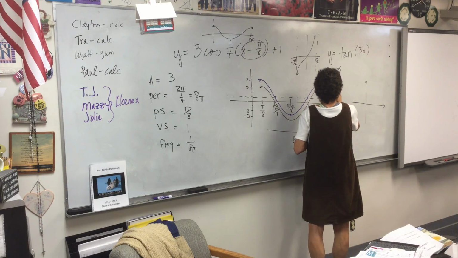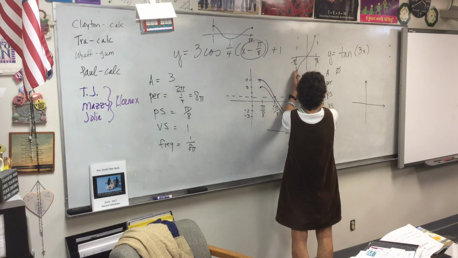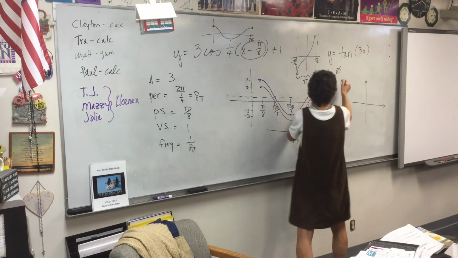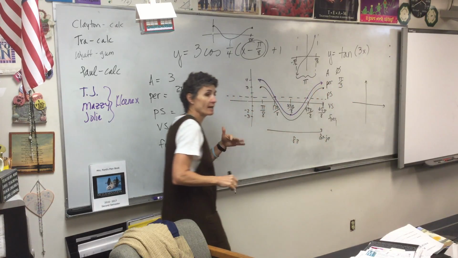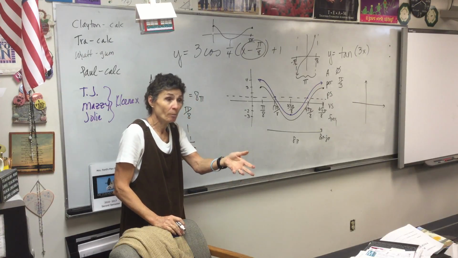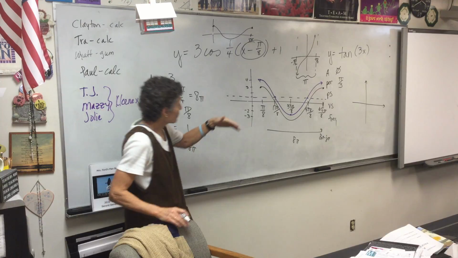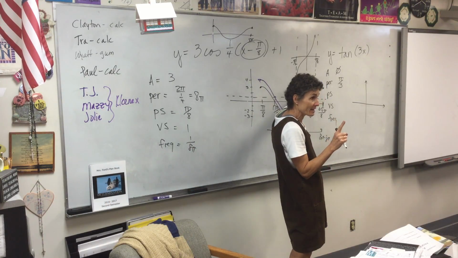2/3. Be careful. The period of the tangent is pi. So it's pi divided by 3. When we do sines and cosines, the standard period's 2 pi, so I do 2 pi divided by the coefficient. But with a tangent, the normal period is only pi.